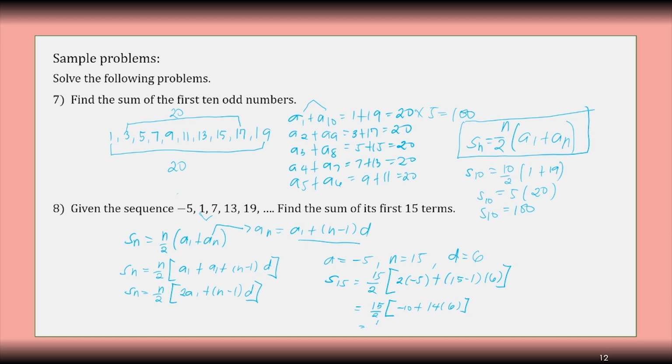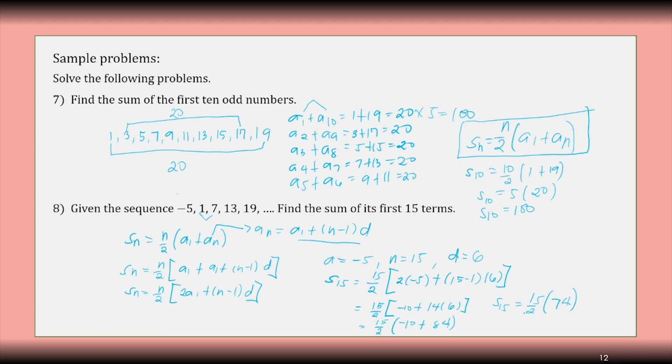So, 15 over 2 times negative 10 plus 14 times 6. The answer is 84. Simplify lang natin. S sub 15 is equals to 15 over 2 times negative 10 plus 84 is 74.